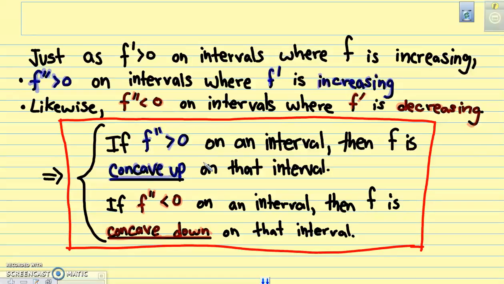So this is exactly what I was trying to say. Just like how we were using the first derivative to see where we were increasing or decreasing, whether the first derivative was positive or negative, this was all from the last section of the chapter. In this section, we're going to look at the second derivative. When the second derivative is positive, we're concave up. Second derivative is negative, we're concave down.